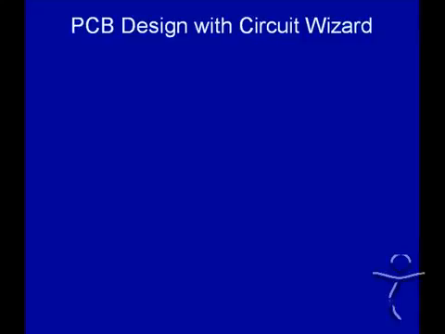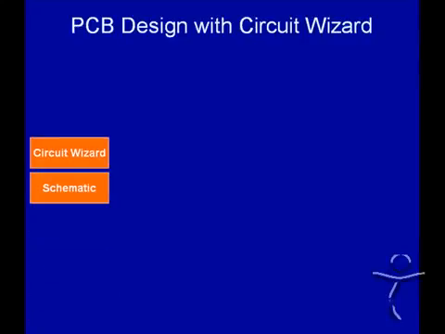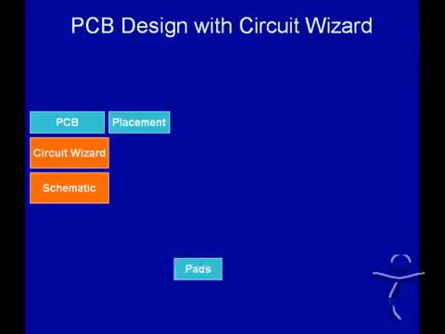So in summary, our PCB manufacture with Circuit Wizard has several steps. We first define a schematic with Circuit Wizard. We then do our PCB export. We place our components and tracks either with auto placement or the manual routing, using the highlight Rat's Nest as a guide to placement.